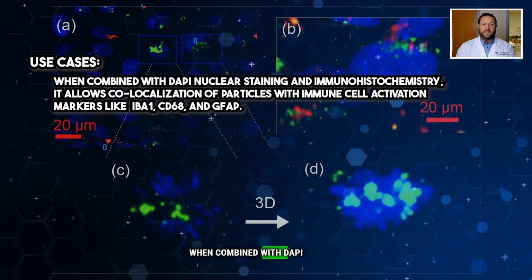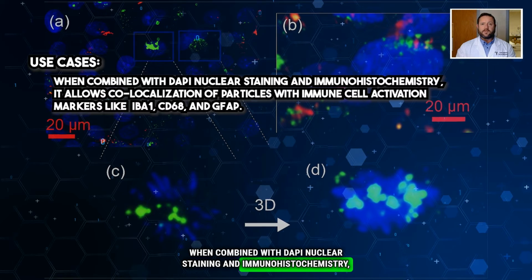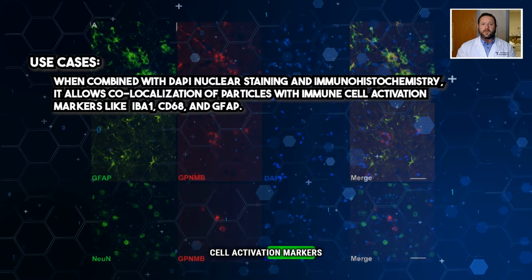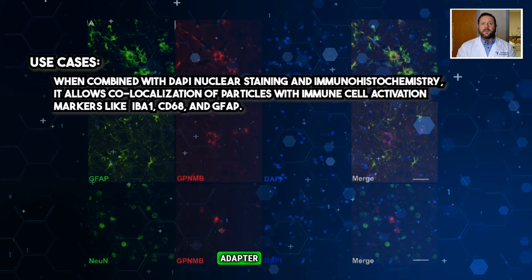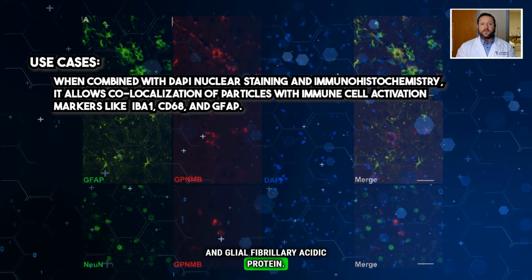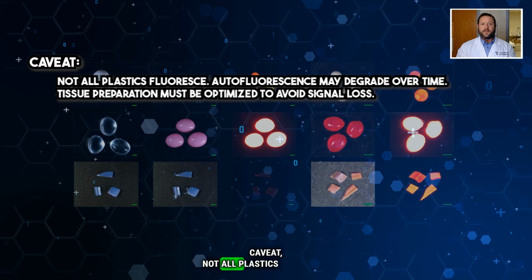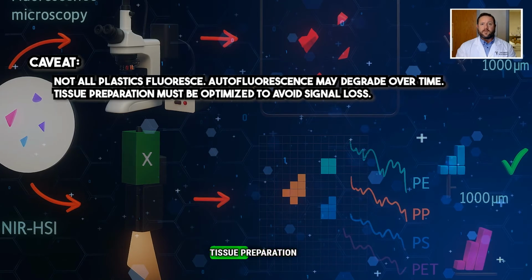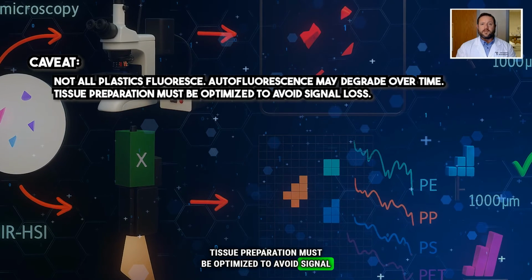When combined with DAPI nuclear staining and immunohistochemistry, it allows co-localization of particles with immune cell activation markers like ionized calcium-binding adapter molecule 1, CD68, and glial fibrillary acidic protein. Caveat: not all plastics fluoresce. Autofluorescence may degrade over time. Tissue preparation must be optimized to avoid signal loss.